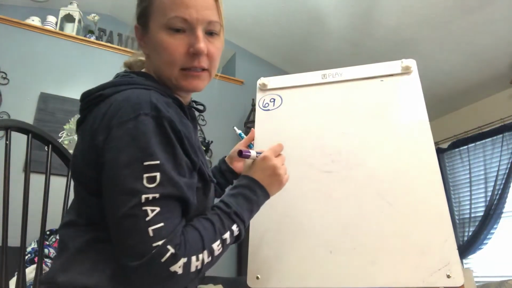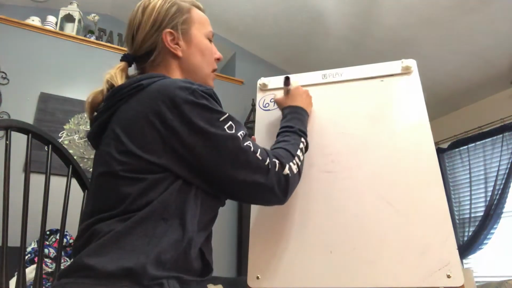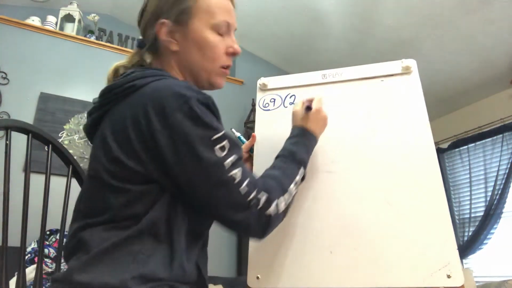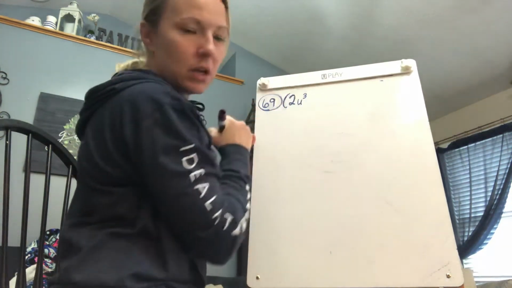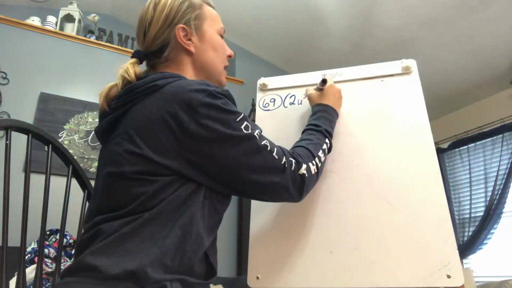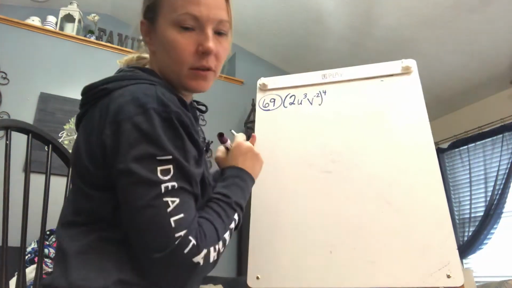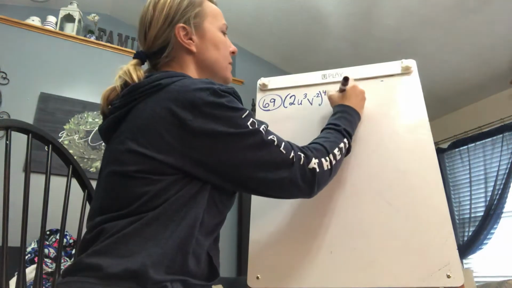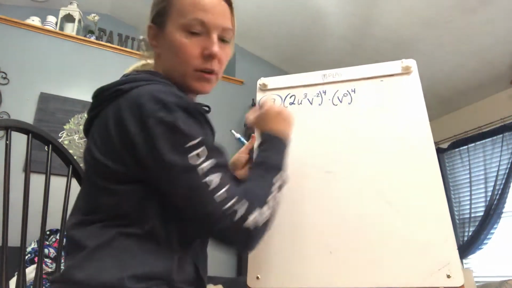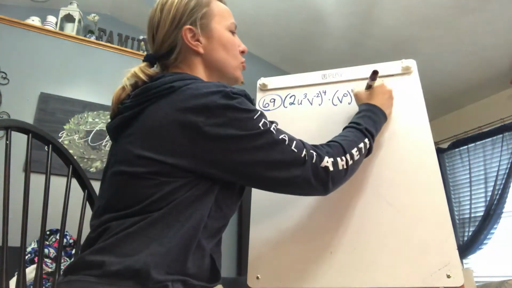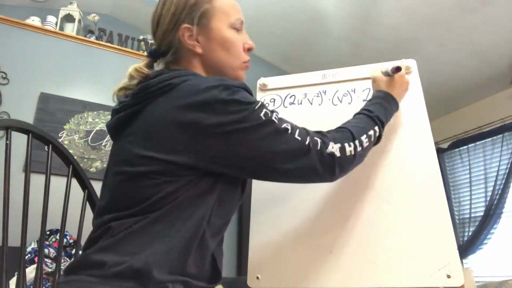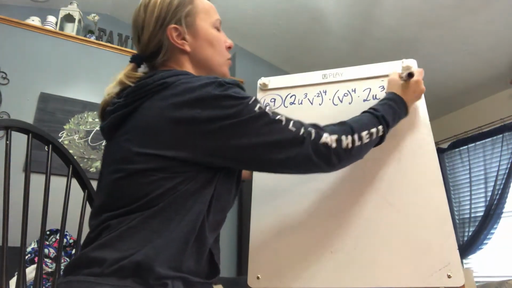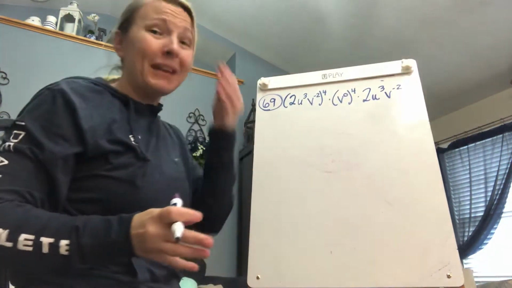69 says, I don't even know if this whole thing will fit on the board. V to the negative 2 to the 4th times v to the 0 to the 4th times 2u to the 3, v to the negative 2. Okay, this looks horrible, but it's not really.